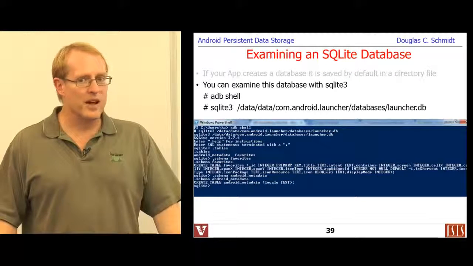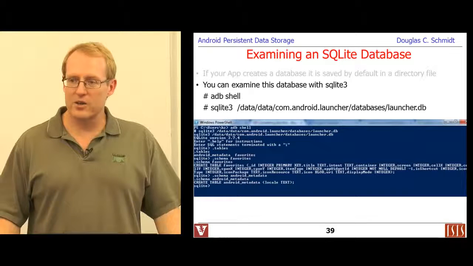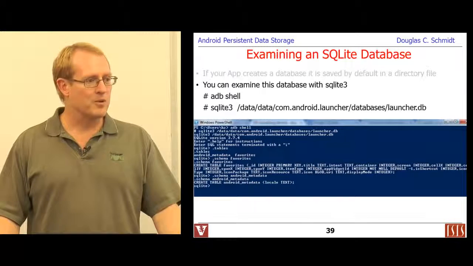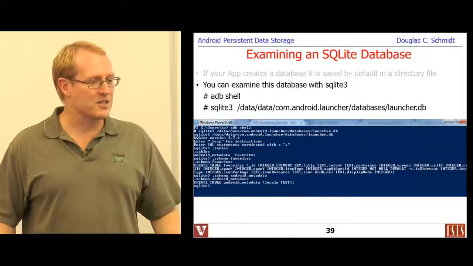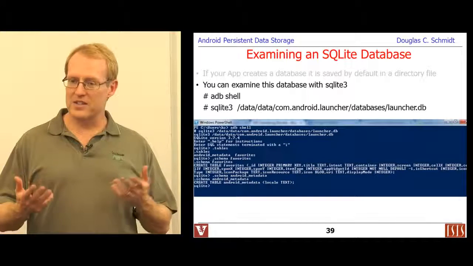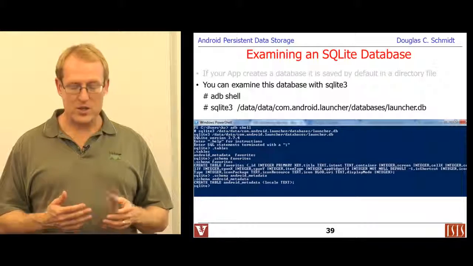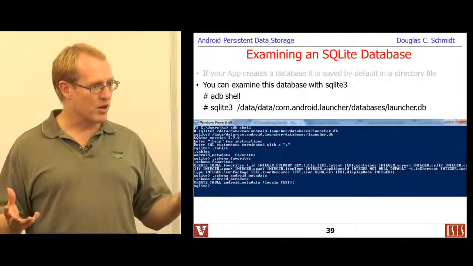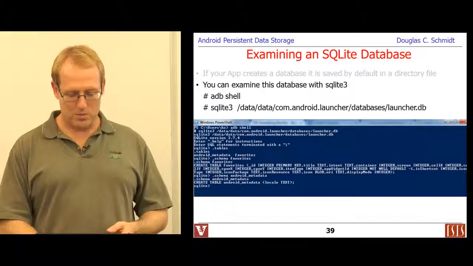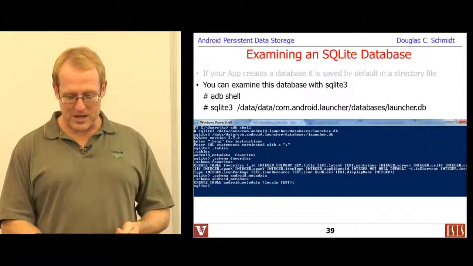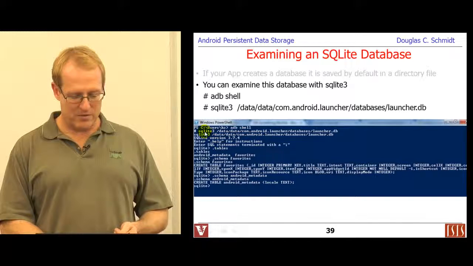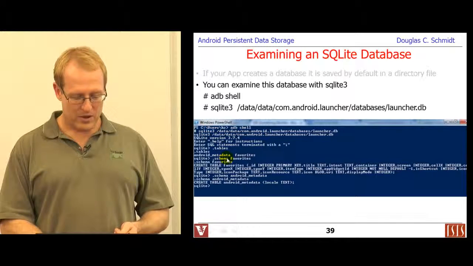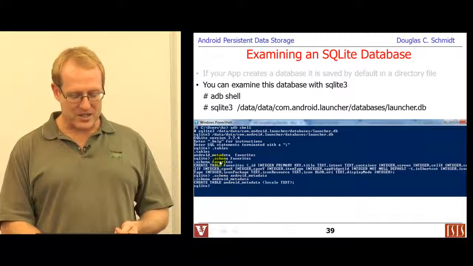Here's a simple example of how you can access this, assuming you've got your ADB shell up and running and you've got your phone attached. You can go ahead and look at the contents of what's in the databases via this SQLite 3 helper command. So here's a case where we're going to go ahead and look at some information about the launch database, and we connect to it via SQLite 3, and then we can ask it various things.